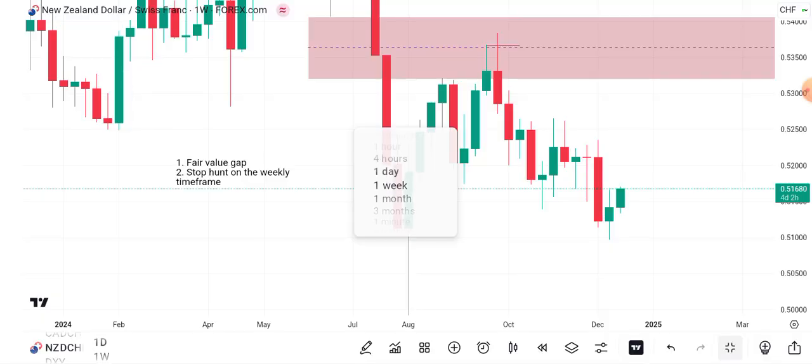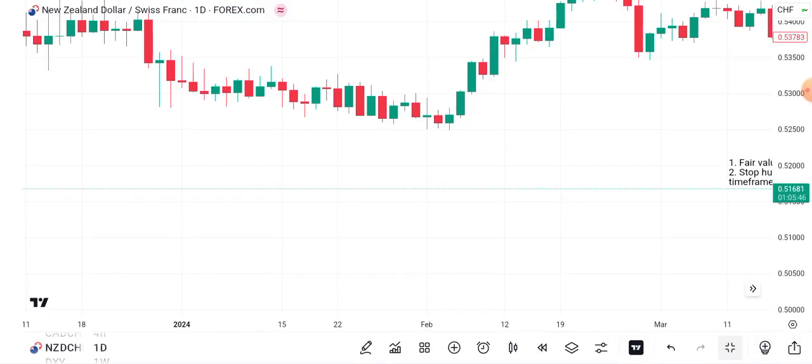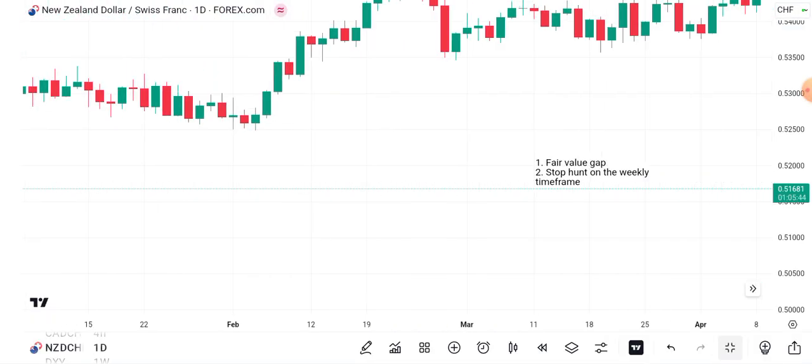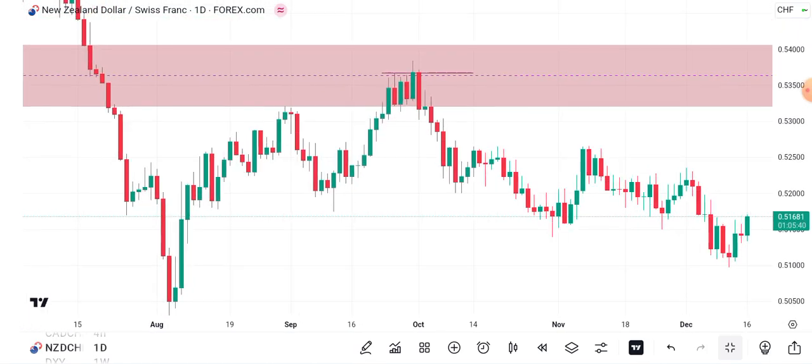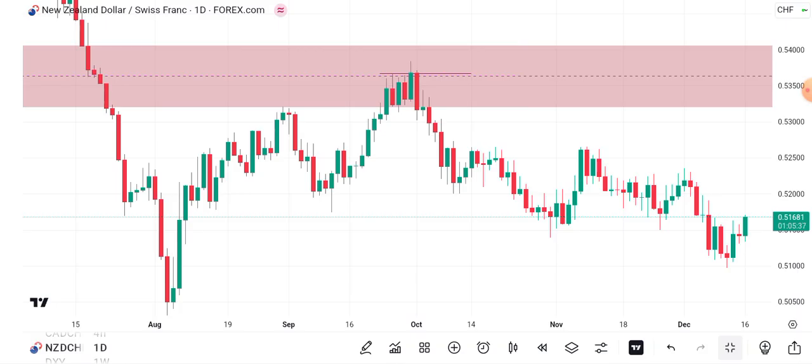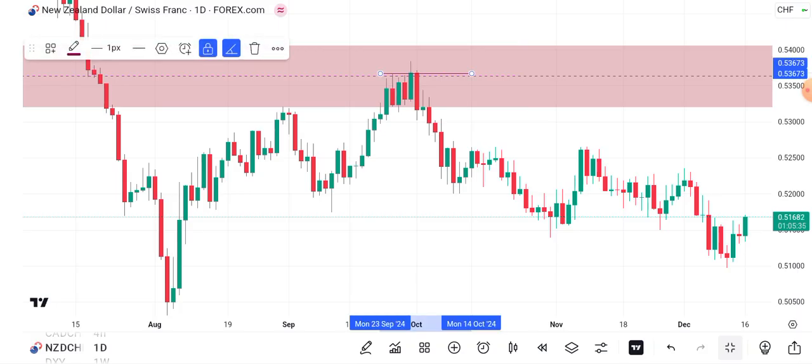So let's go down to the daily time frame and look at these things. Now, can we see on the daily time frame, these are the buy stops that I highlighted on the weekly time frame.